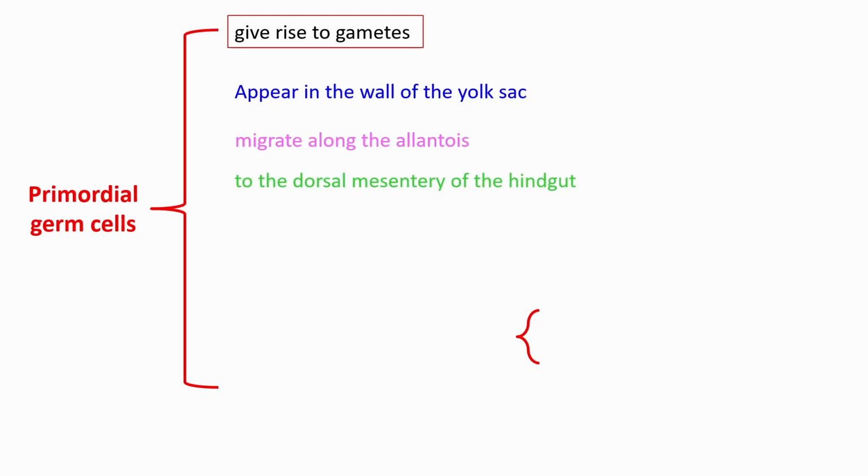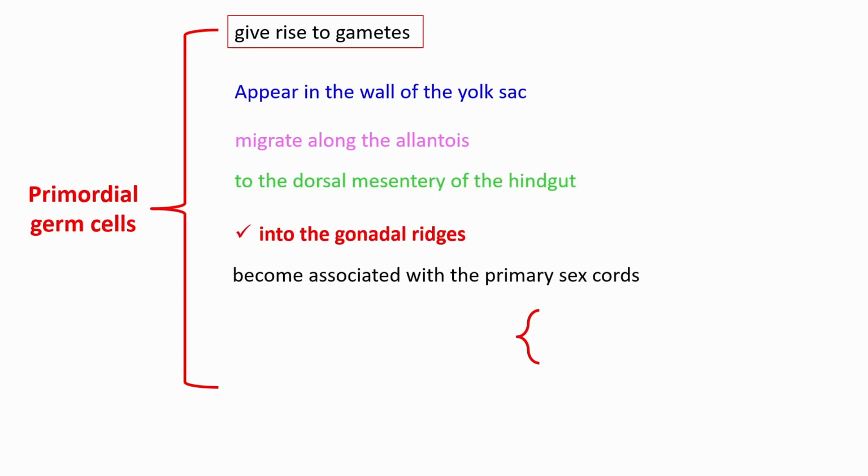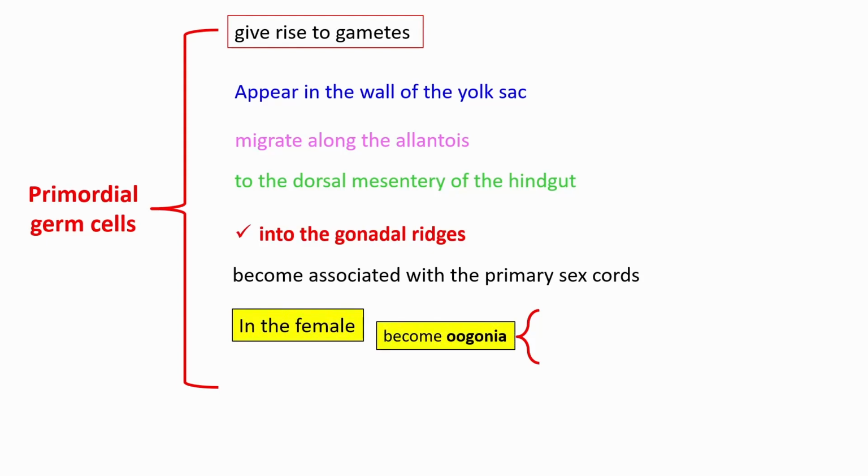Don't worry about this dorsal mesentery, you will learn about it several times in the future. And then they reach the gonadal ridge, and we have seen that, and they become associated with the primary sex cords. They live around them. And in the female, these cells become oogonia.